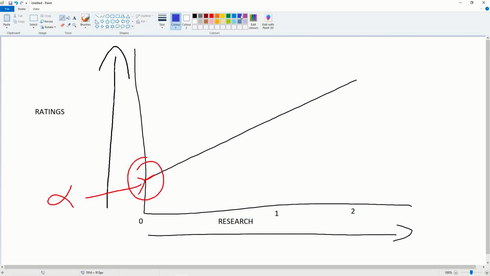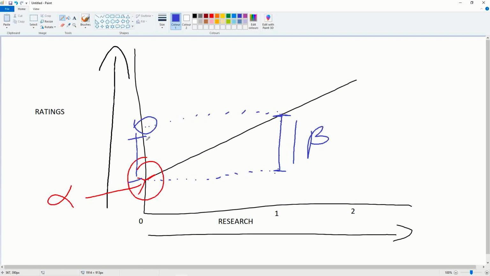Now, we also said that our beta represents how much our DV changes for a 1-unit increase. So what's happening here is we go, okay, let's go all the way out to 1 and then all the way up here. So this distance here is our beta or our B, it's our coefficient score. It's how much of a difference there is between these 2 points.